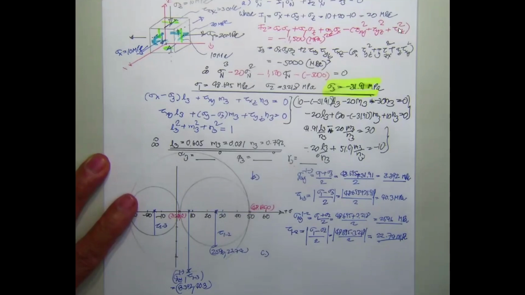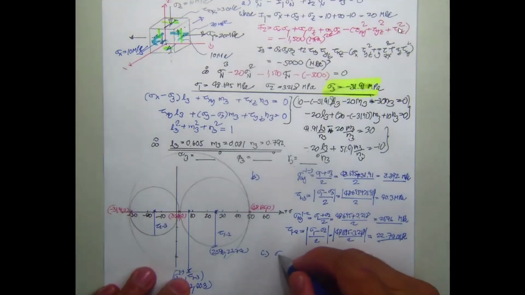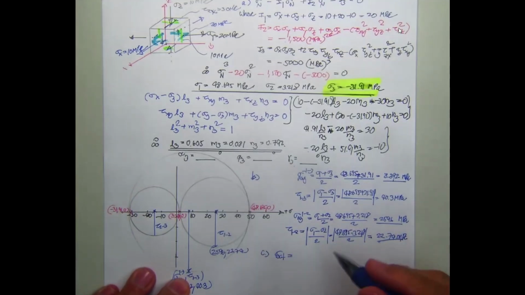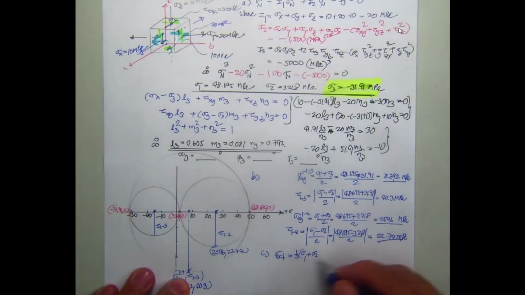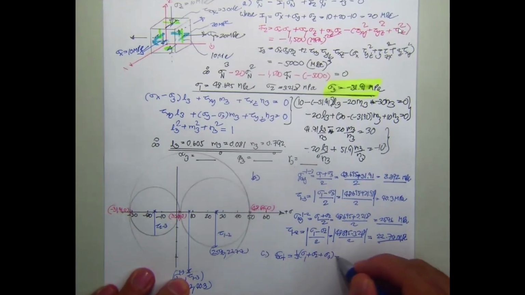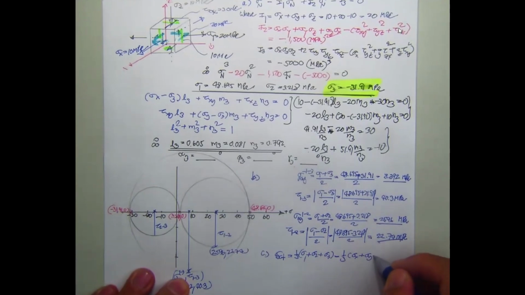And then the last one, we have to determine sigma octahedral. That can be determined from 1/3 of sigma 1 plus sigma 2 plus sigma 3, or equal to 1/3 of sigma x plus sigma y plus sigma z.